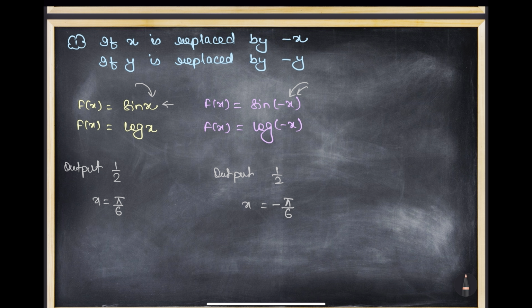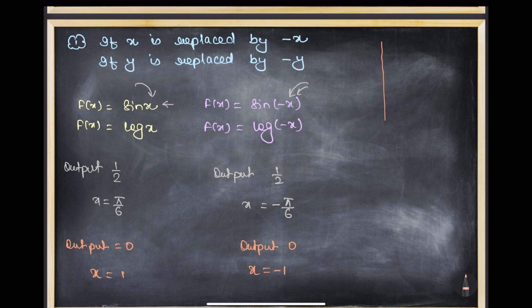Means if input is 1, output will be 0. So what will the input be here? I feel the input would be minus of the previous. If input is minus 1, output will be 0.